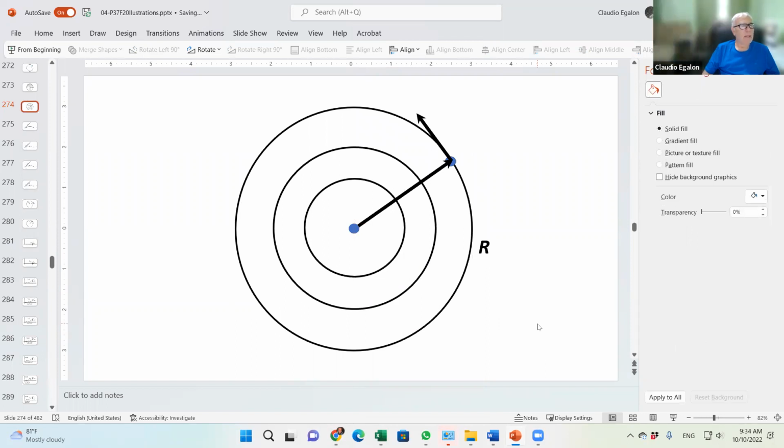Because of the effect of latitude, the velocity vector at different latitudes should be lower than at the equator, right? And we're going to look into that very soon.